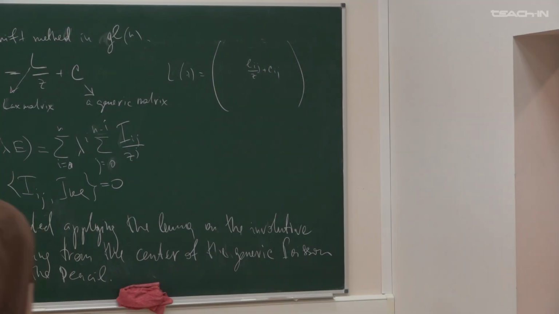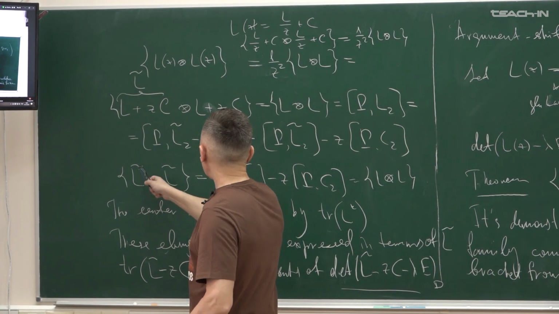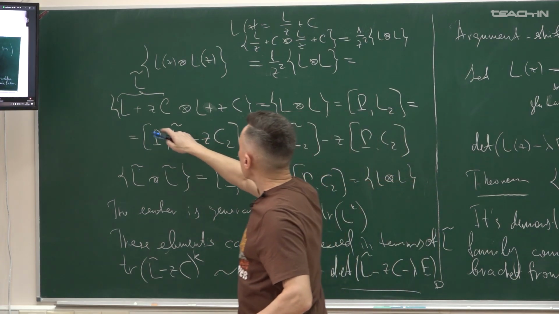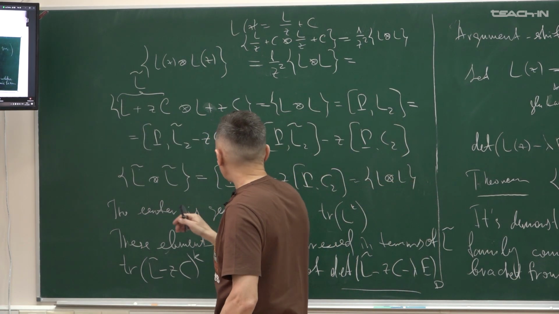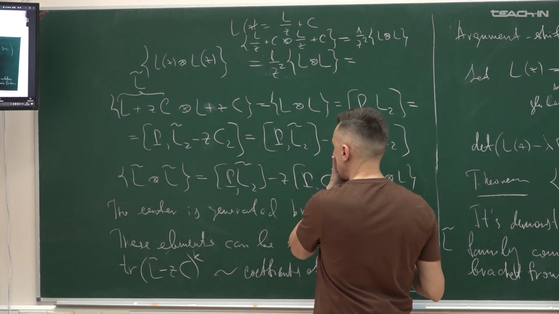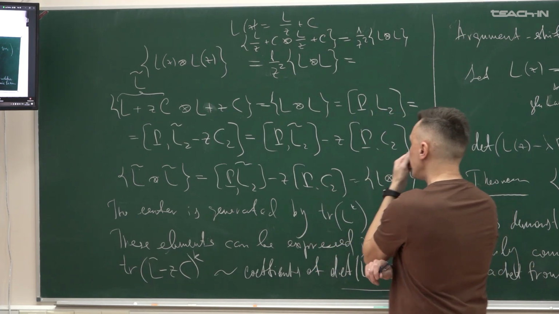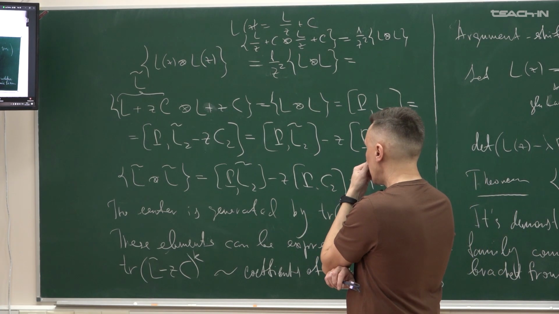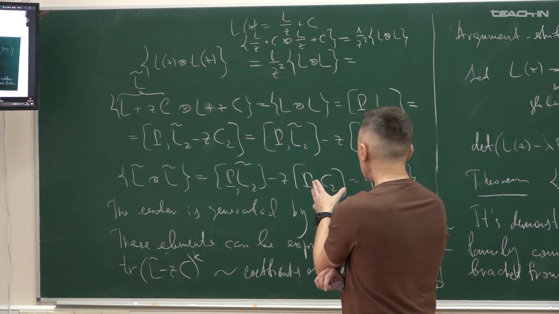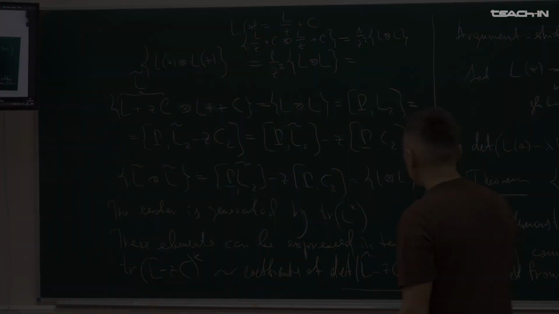It's correct. So this is our standard Poisson structure, but expressed in terms of L tilde. It's the sum of the standard linear and constant Poisson structures, and this is what we call the lambda structure, the structure with some parameter.